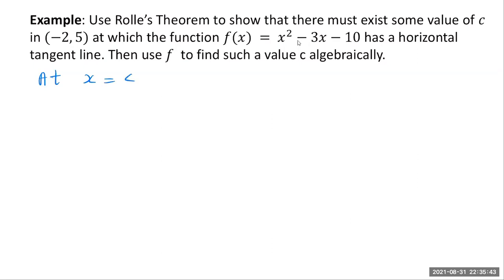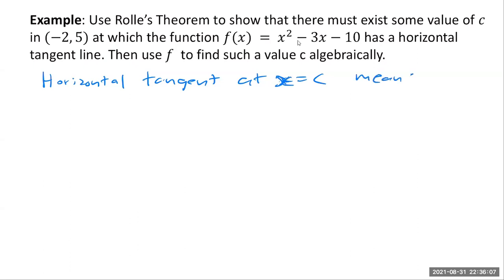At x is equal to C, having a horizontal tangent means f prime of C has to be 0, right?